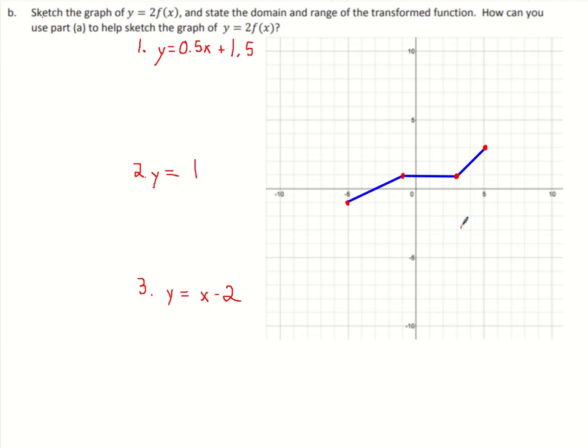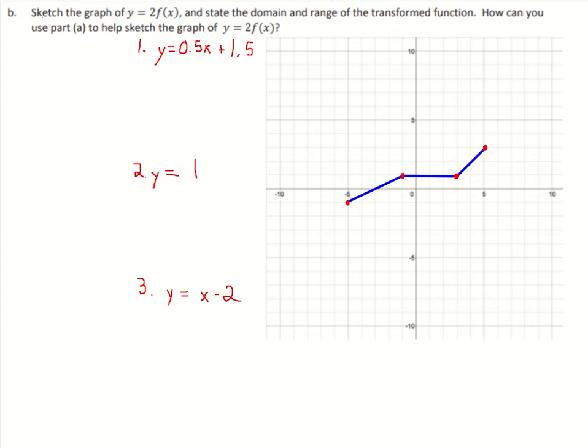The only reason we have it sketched here in the first place is so that we can compare the original graph to a graph after we transform it. Part B asks us to sketch the graph of y equals 2 f of x and state the domain and the range of this new transformed function.